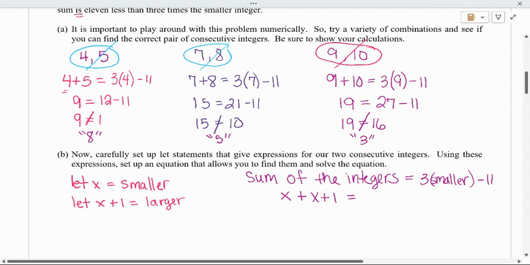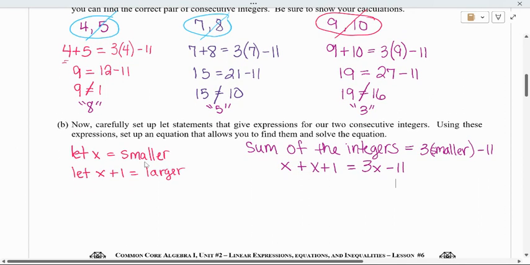What does 3 times the smaller integer look like? Owen, you told us last time. What did you say? I said 3x minus 11. Perfect. Okay, so now we have an equation that has variables on both sides.